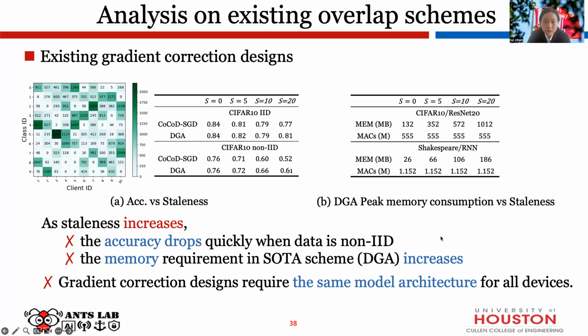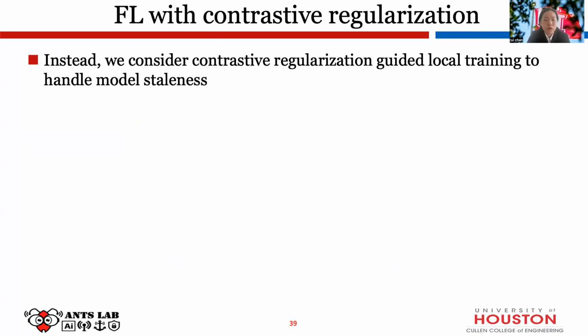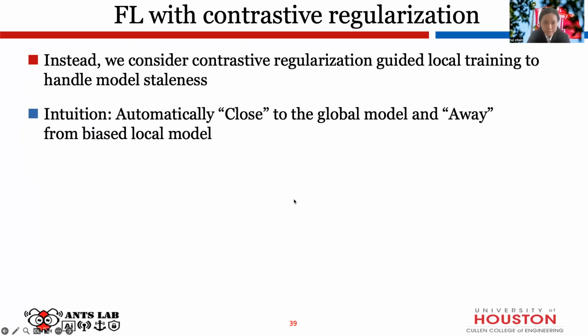So it is also an issue for some devices with very limited computing or memory resources. So instead, in this work, we want to introduce a regularization term to always guide the local training with global information to restrict the model differences due to the staleness issues.